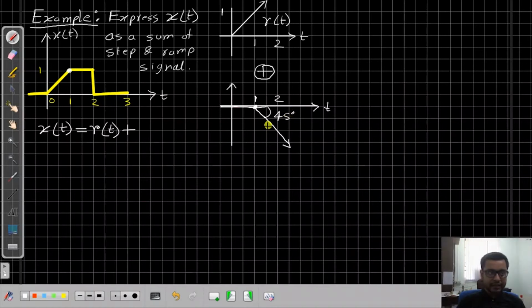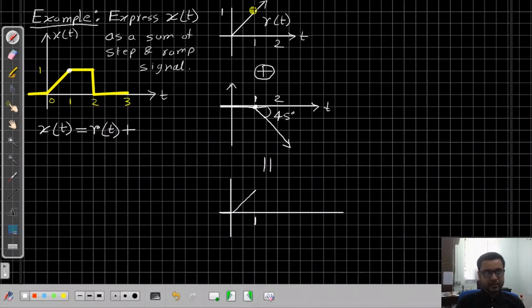Now if I add these two signals, then I shall get the following. The result of addition will be 0 here. Then if you add this and this, it will increase at an angle of 45 degrees up to time t equal to 1.